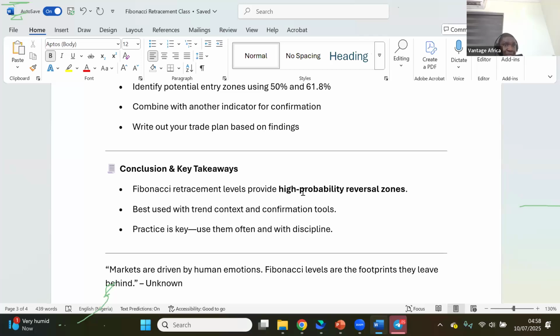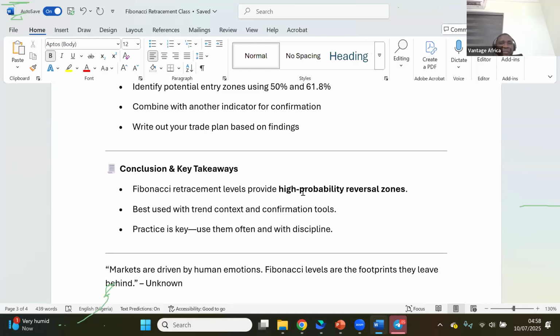I've said this from the beginning, that this market is driven by human emotions. So what you are seeing at the Fibonacci levels is just price. It's just like the footprint of price. It's just a mark. Oh, this is where someone has been. This is where the market has been. That's what a Fibonacci level is telling you.